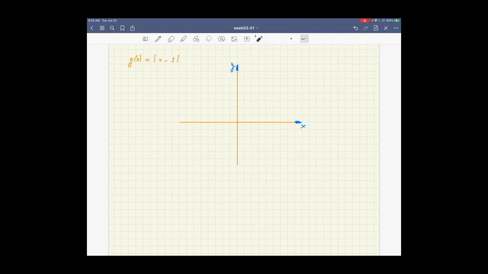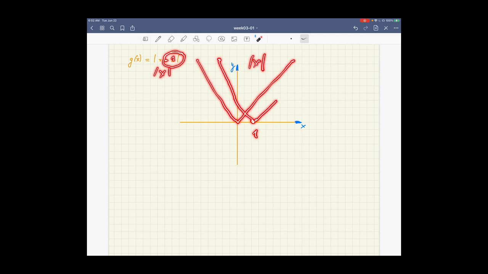Well, we can recognize that this is the graph of absolute value of x. Simply shift it to the right by 1 unit. To the right because we subtract 1. If this is 1, we will get a graph like this.